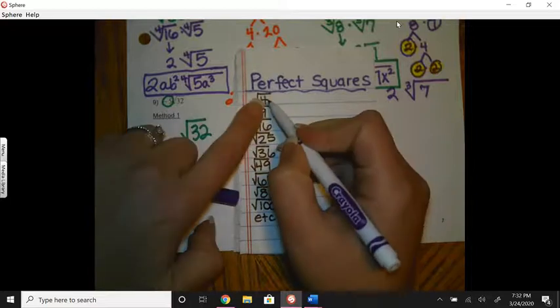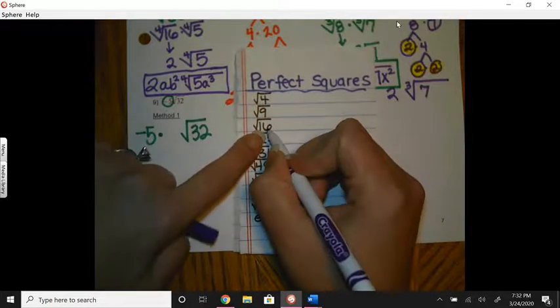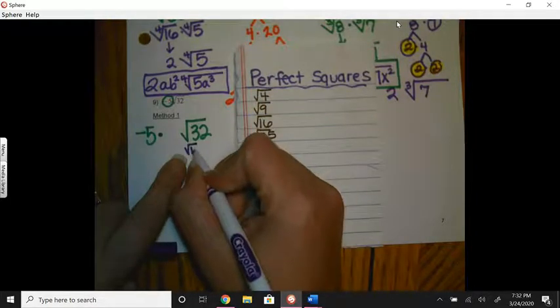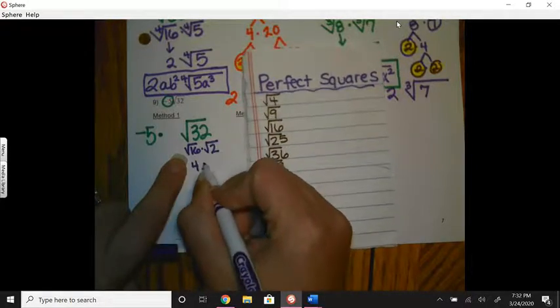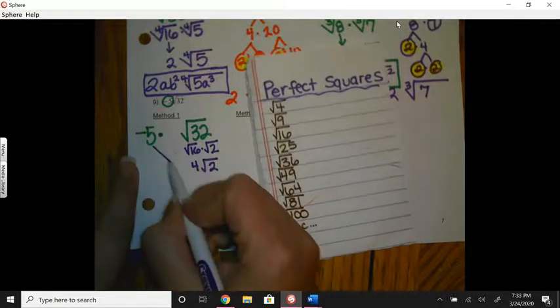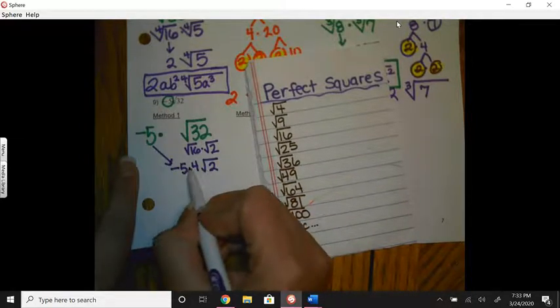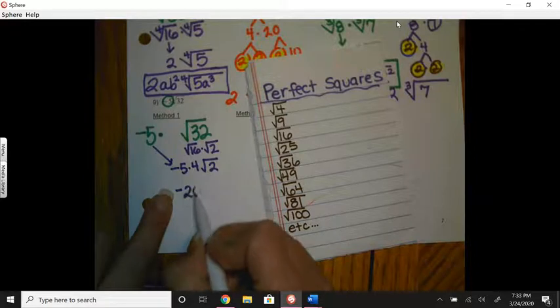So 4 does, as well as 16. I'm going to go ahead and pick 16. The square root of 16 is 4. But then we already had the negative 5 in the front, so that's where we would get negative 20 radical 2.